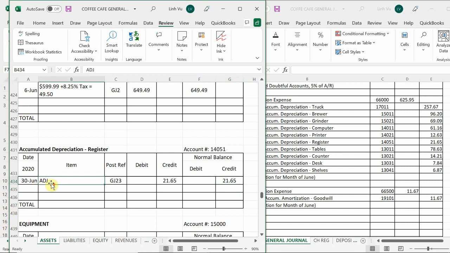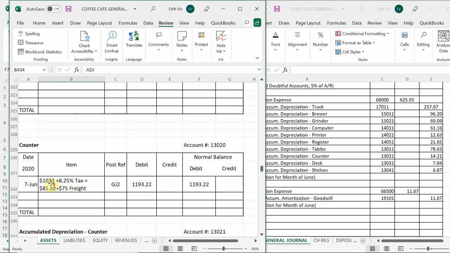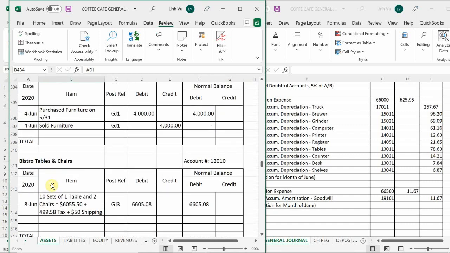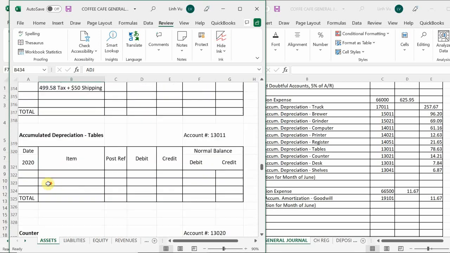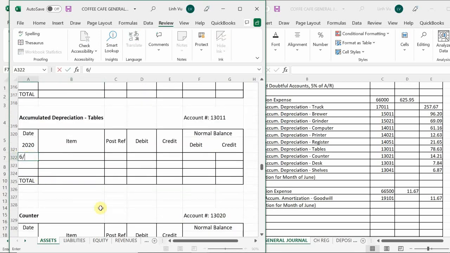Then you have the tables and chairs for the $78.63.